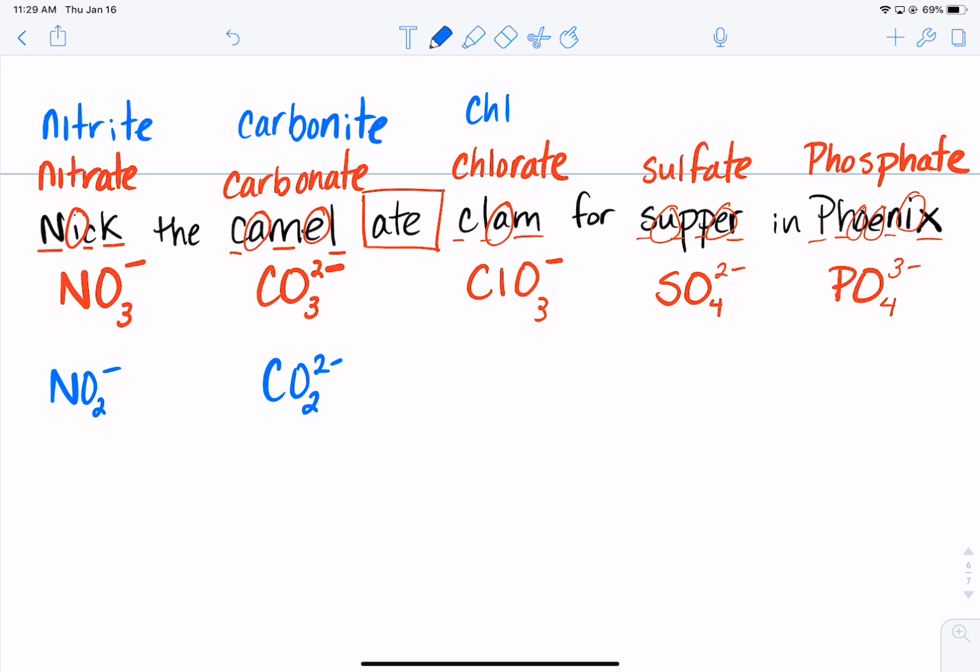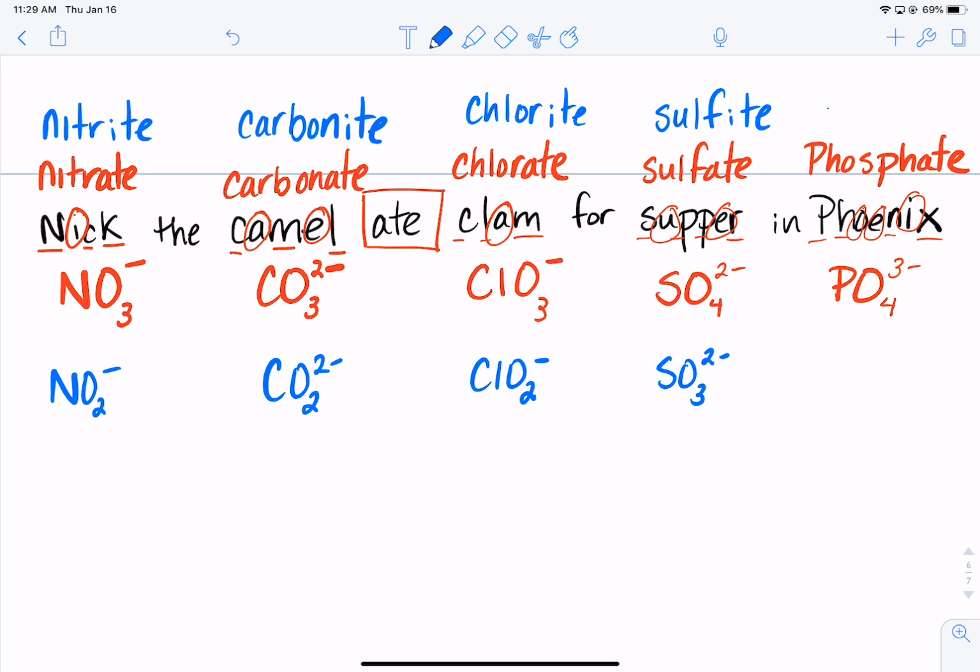Chlorite, just one less oxygen. Then sulfite, one less oxygen. Again, the charge doesn't change.